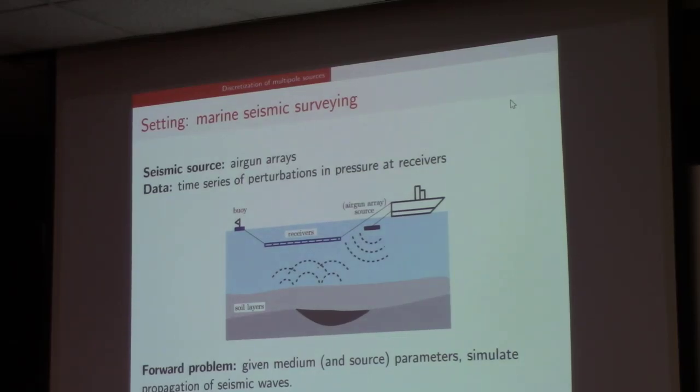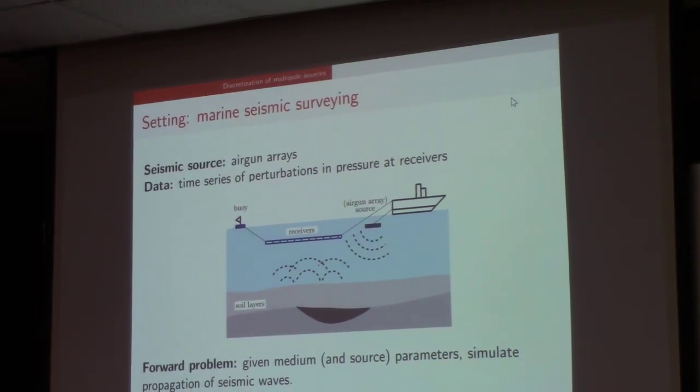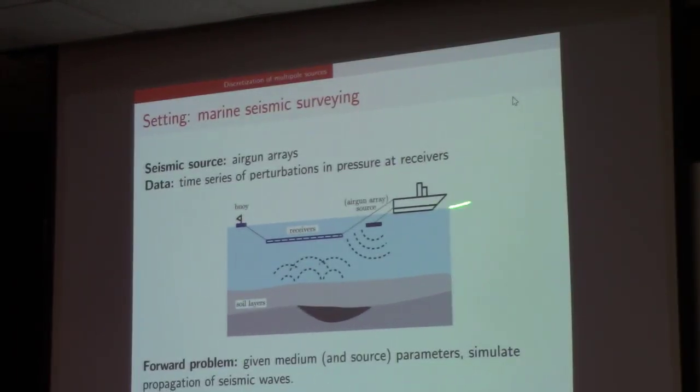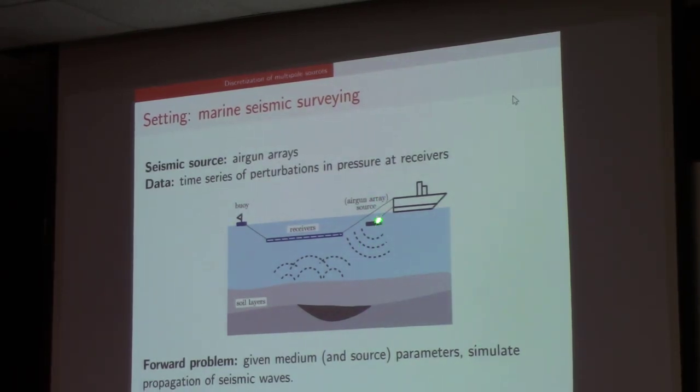It's very loud and it generates these artificially induced shock waves that then propagate down, interact with the earth, and then you hear the echoes. And you try to get some information from the echoes. Okay, the forward problem. I'm interested in better modeling this source, this kind of seismic source.